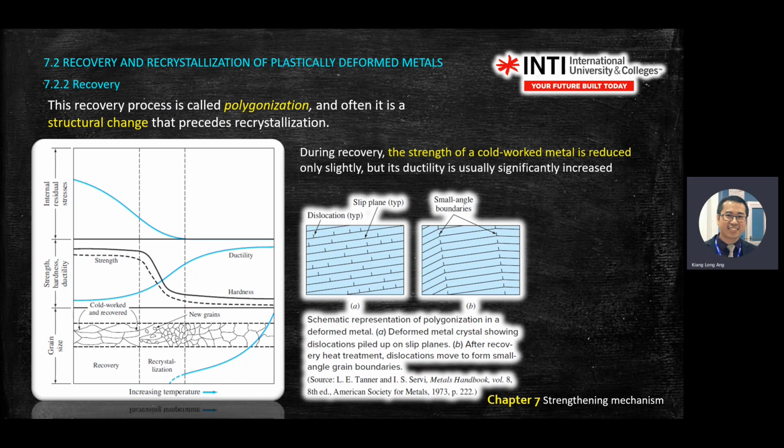The rest you read. One point to take home is that the strain is reduced a little bit. When you heat up, the strain will reduce a bit, not more.